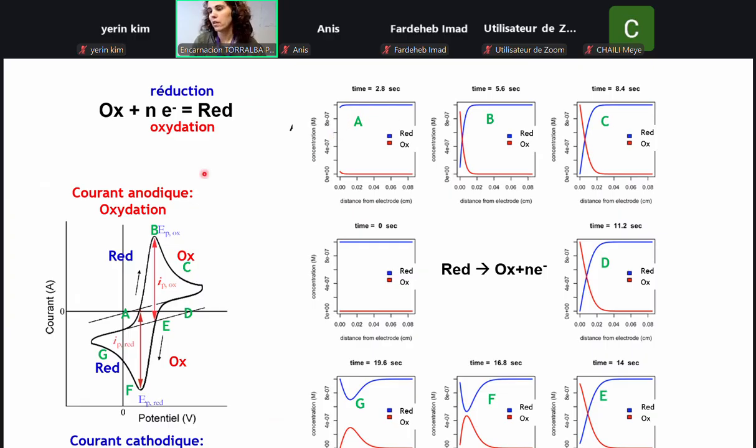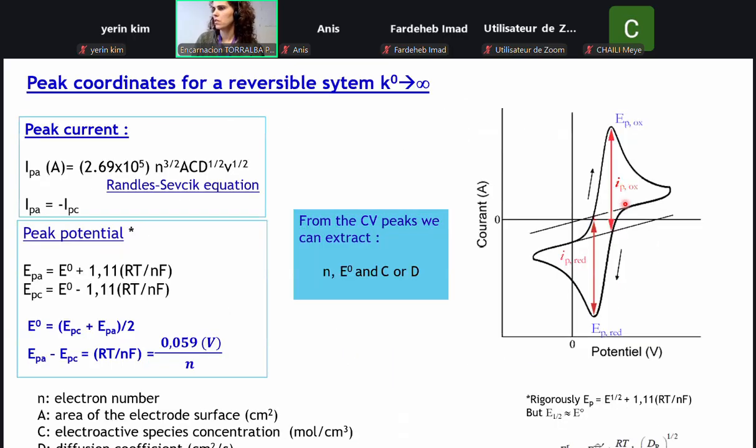But it's like when you apply one potential, you are starting. So when you are starting, if you start only having reduced species, you have a lot of reduced, and still nothing oxidized has been produced. And then when you start applying potential, the concentrations are changing. But I'm not going to talk a lot about this.